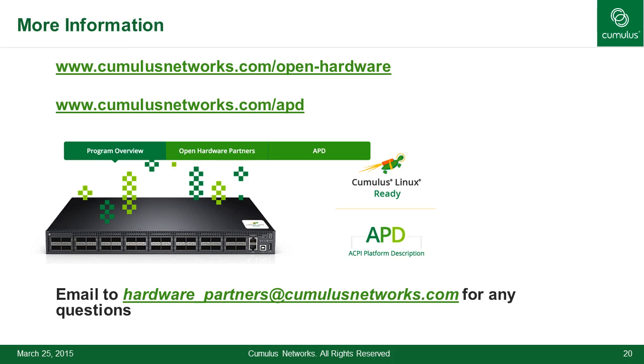In that workshop, we dive into the details of your platform, and how that can be described in APD. So instead of this being a standalone effort by a hardware partner, it's more of a joint effort between Cumulus and that particular partner. We handhold our partners through this integration process.